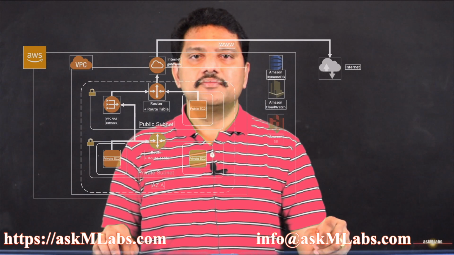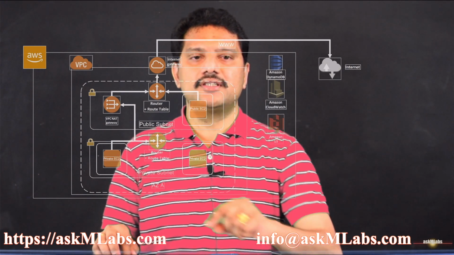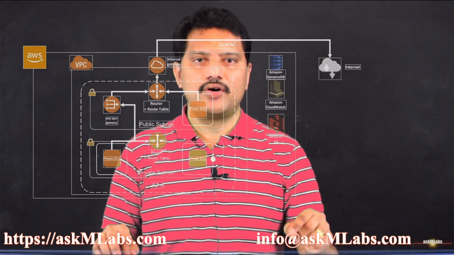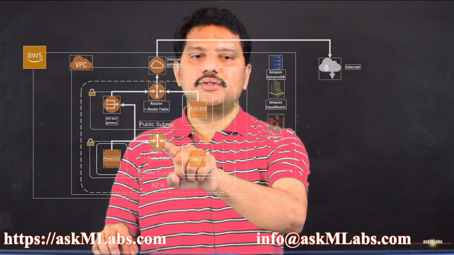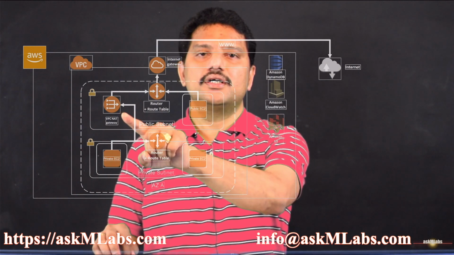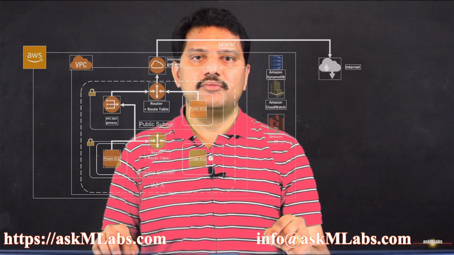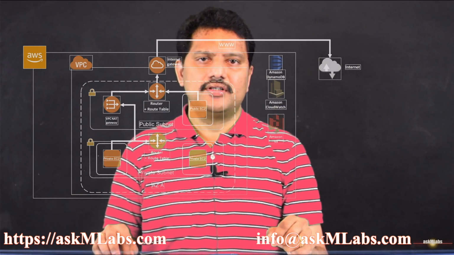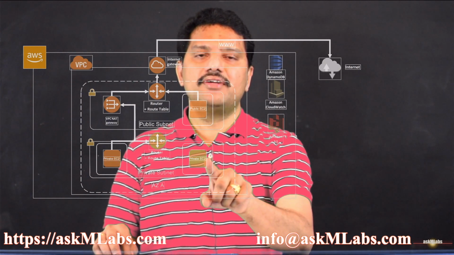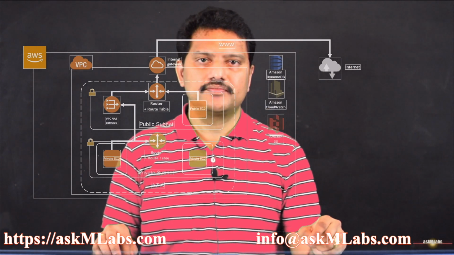Now any request coming from this EC2 instance defined in the private subnet, if it has to talk to the public service endpoints, the request comes to the route table, and the route table has to route to the NAT gateway and to the internet gateway and then to the public service endpoints. But that is not an efficient way. Why should a resource defined in a private subnet go through the internet and talk to the public service endpoints?